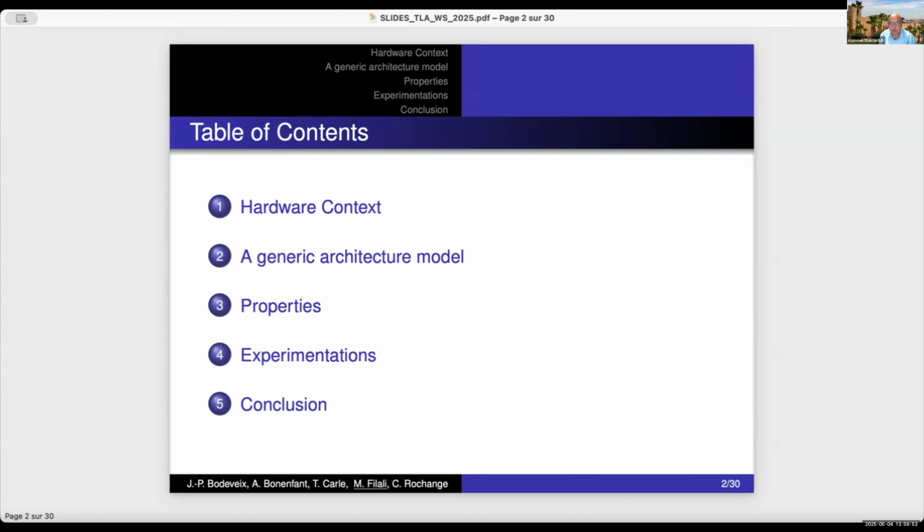I'll also discuss some of the properties of this model, especially the property we are interested in, monotonicity. And then I'll present some experimentations we are doing now in our laboratory. And last, I try to draw some conclusions.